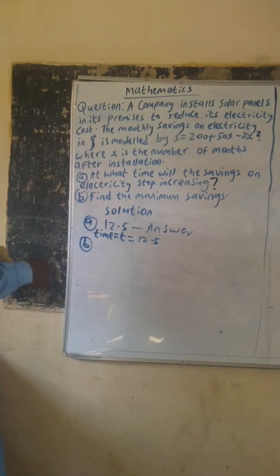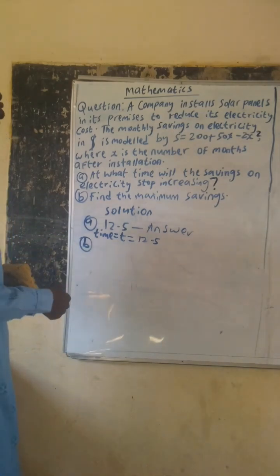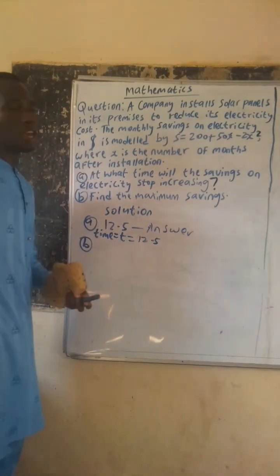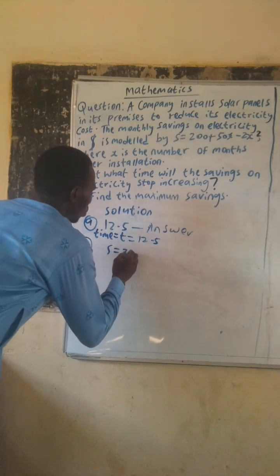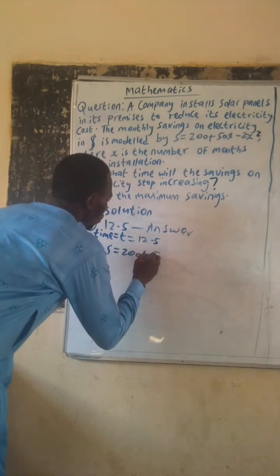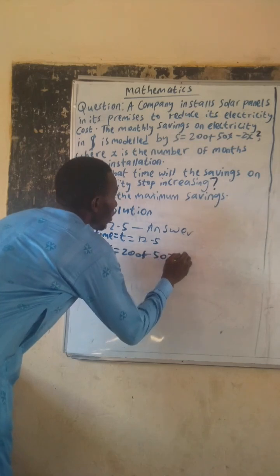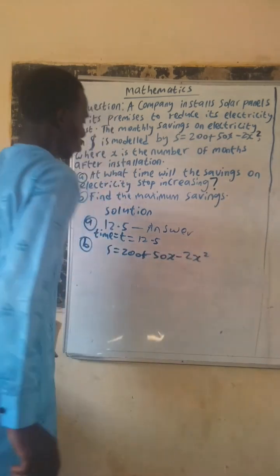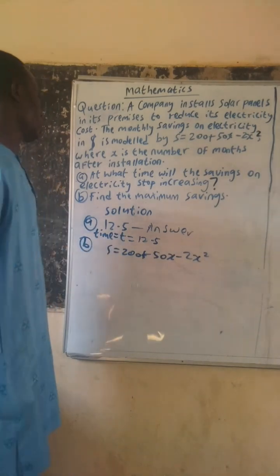Now what we're going to do here is substitute the value of t into the equation that was given to us earlier. This equation is S equals 200 plus 50x minus 2x squared. So let's substitute the value of t, time.